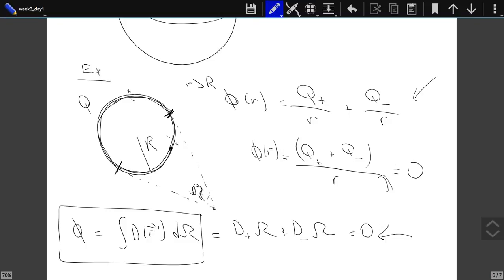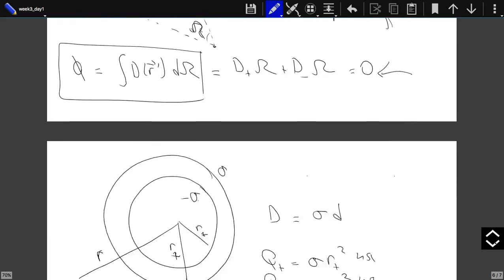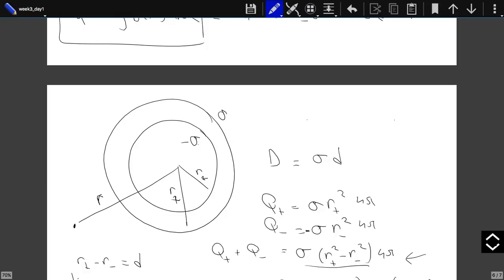We cannot define D because... Well, I can take this limit, common charge density.